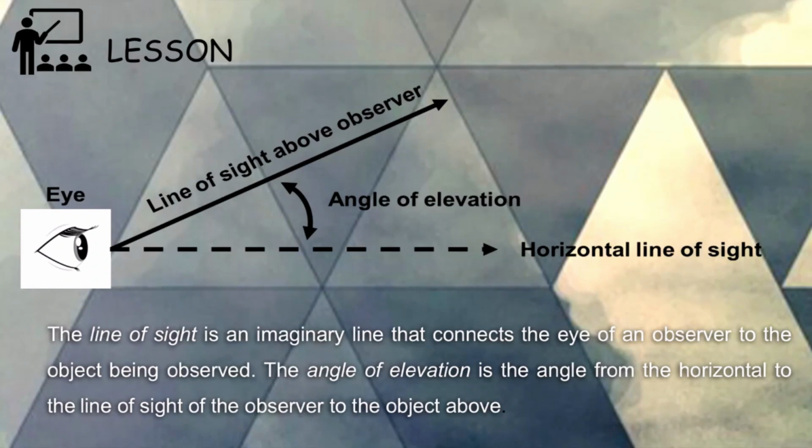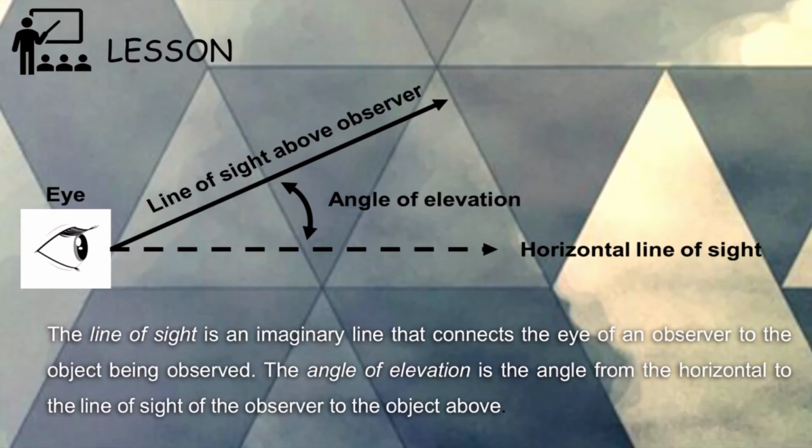Okay, since si angle of elevation po kasi is formed by the line of sight above the observer and the horizontal line of sight. Okay, that is the angle of elevation. Kaya nga po siya elevation, naka-elevate po. Yung tinitignan natin is nasa above sa atin. So, that is the angle of elevation.